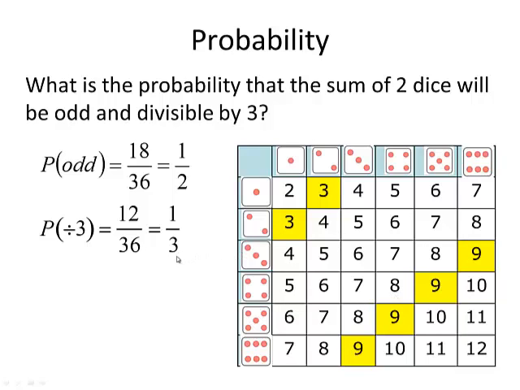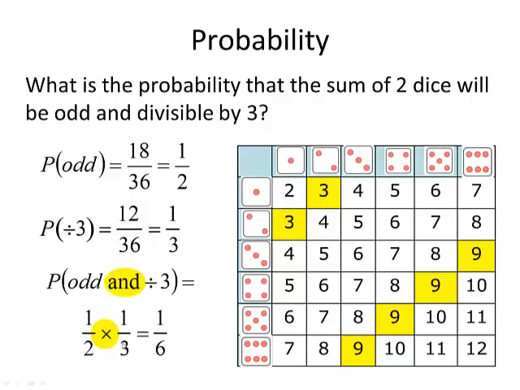And because it's an and, in order to eliminate these, you multiply your individual probabilities. So 1/2 times 1/3 is going to give you 1/6, or 6 out of 36 reduces to 1/6.